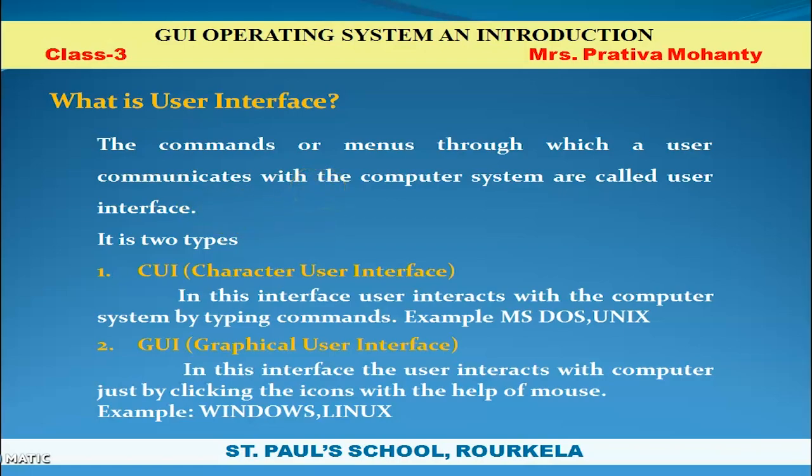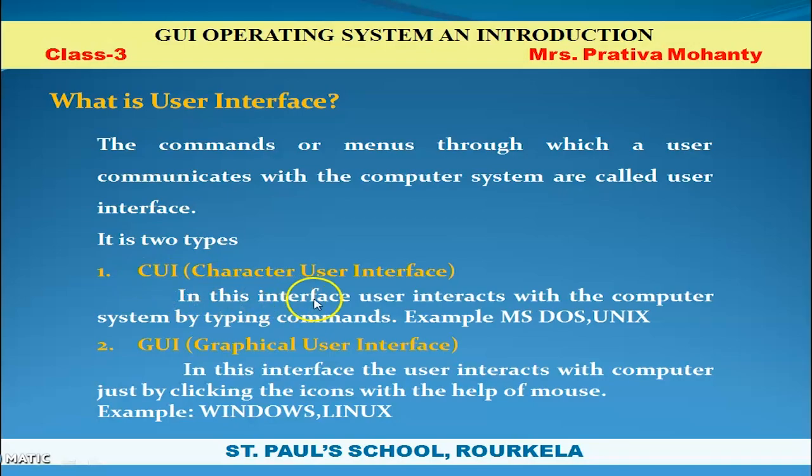That means either you use a set of commands or you select something from the screen, with the help of which you are communicating to a computer, is known as an interface. Now, interfaces are of two types. One is CUI, character user interface. It is also known as command user interface.